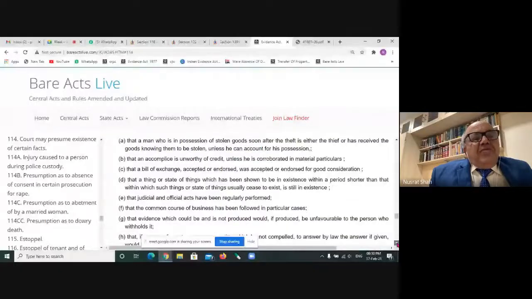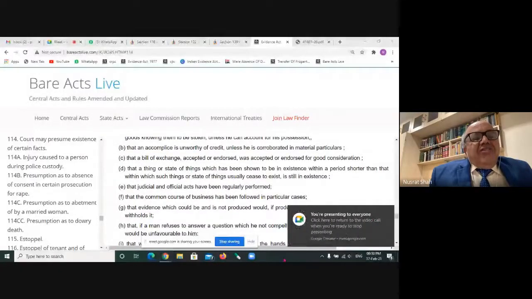Now come to that. Then he says judicial and official acts have been regularly performed. Whatever orders or roznama the magistrate or the judge has passed, the court presumes that they are correctly done. It is not open for the parties to challenge the findings of the magistrate or the judge, attributing motives.